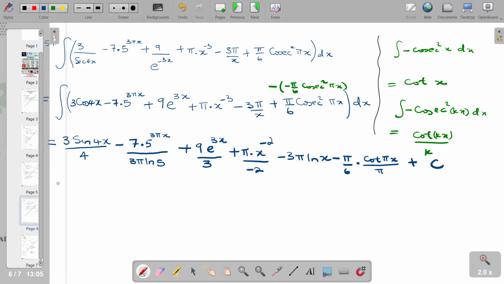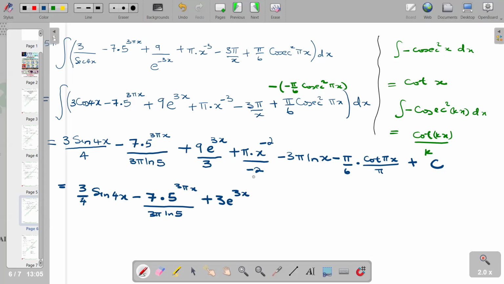So the answer to this will be equal to 3 over 4 sine 4x minus 7 multiplied by 5 to the power 3 pi x all over 3 pi ln 5. Then simplifying here, it's going to be plus 3 e to the power 3x.